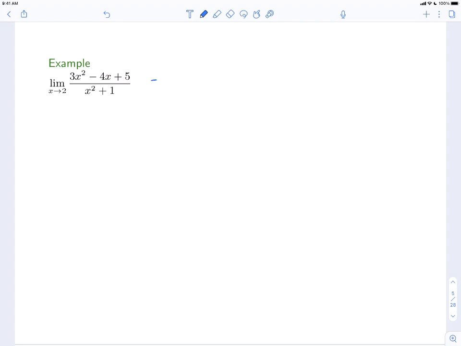So this will be equal to 3 times 2 squared minus 4 times 2 plus 5 divided by 2 squared plus 1. So from the previous example, we know that the numerator is 9, and now we have the denominator is 5.